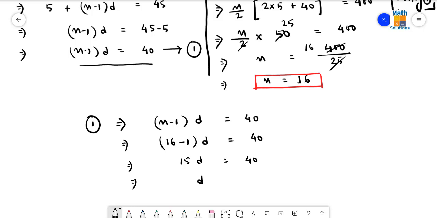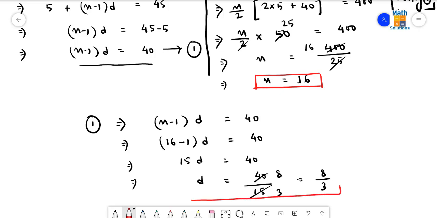So value of d will come as 40 by 15. So when cancelled out by 5, this is 3, this is 8. So I get here value of d as 8 by 3. So this is the other result to be obtained. So this is the answer of the second part. So this is the complete answer of question number 5.